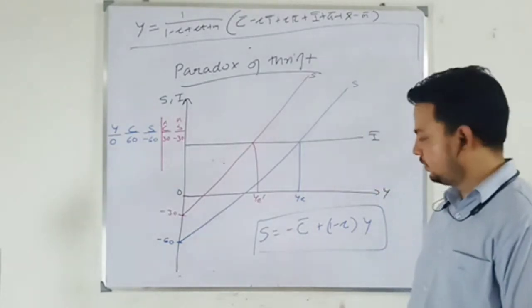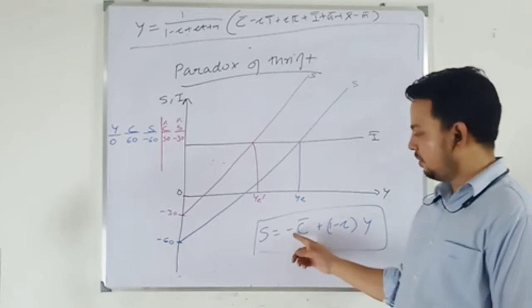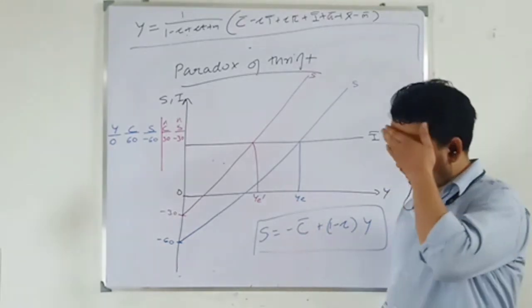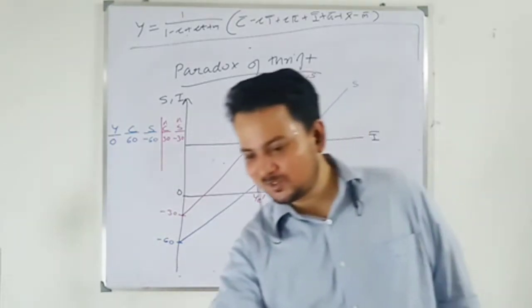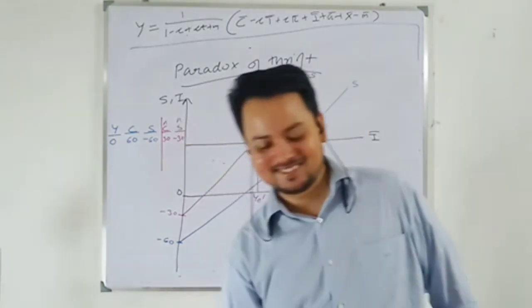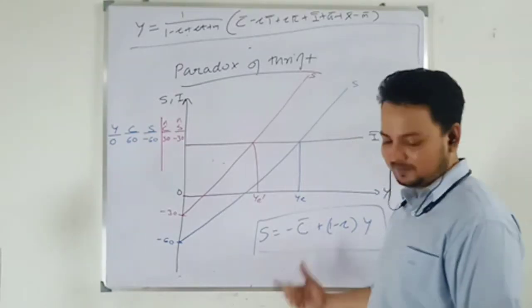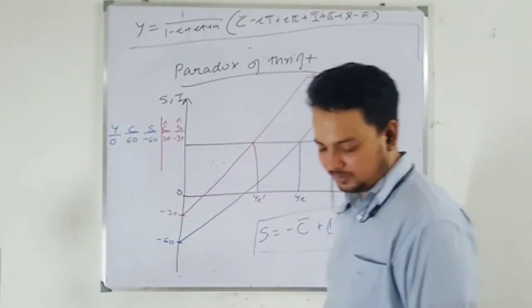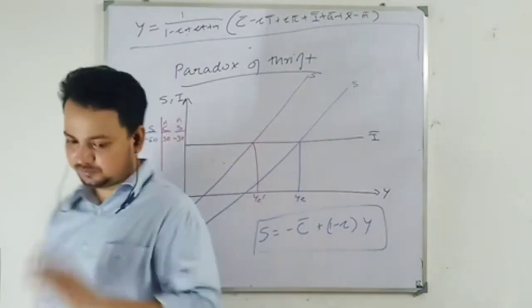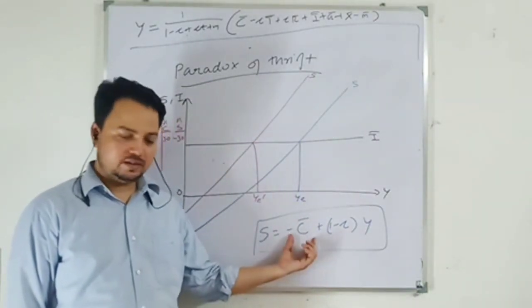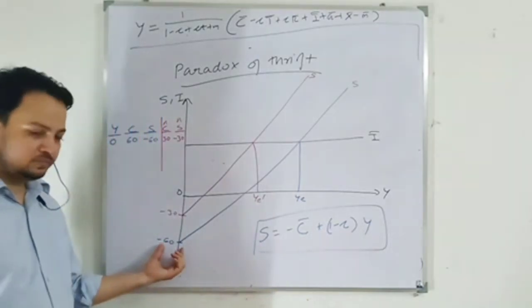In the above diagram, the saving function is written as minus C bar plus (1 minus small c) Y. The intercept term, or autonomous saving, is minus C bar, because minus C bar is the saving when income is zero.